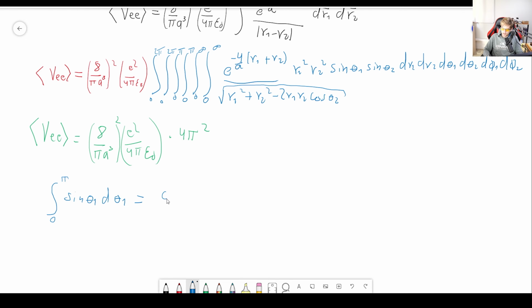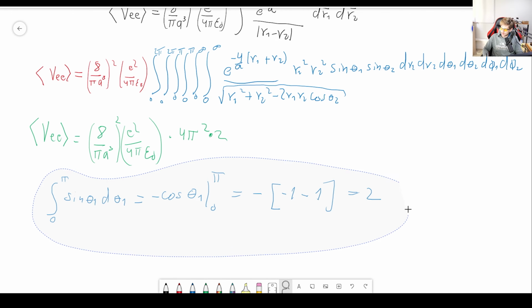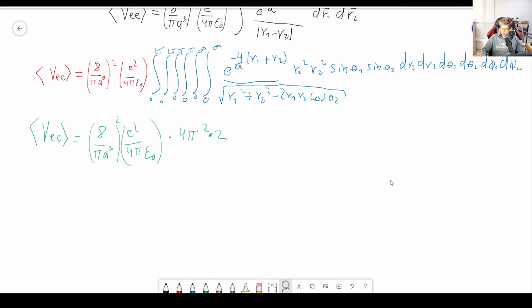This is going to be minus cosine of theta 1 between 0 and pi. So this is going to be minus, then cosine evaluated at pi is minus 1, minus cosine evaluated at 0, 1. So we get 2, of course. So multiply by 2, and we can now get rid of this. I just wanted to make sure that there was no question where that was coming from.